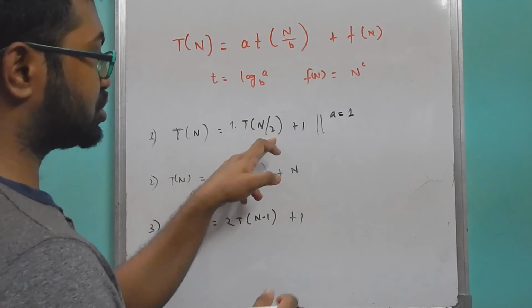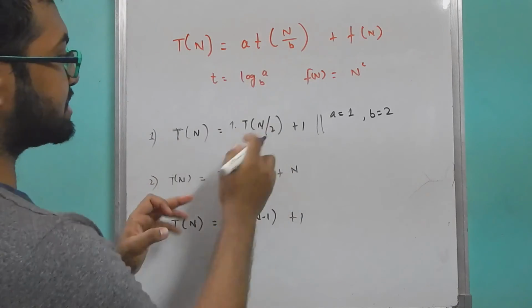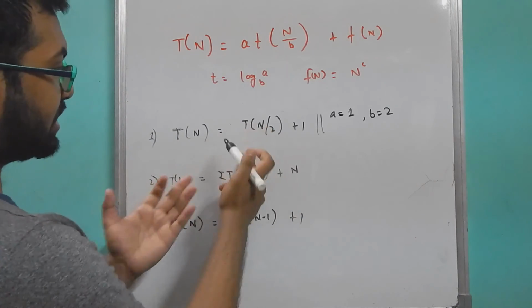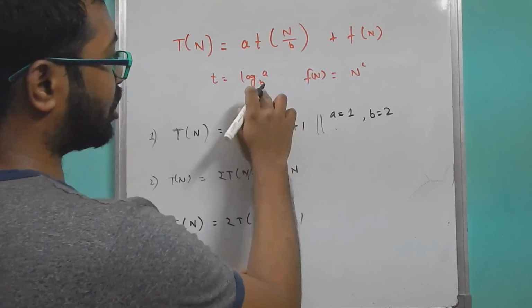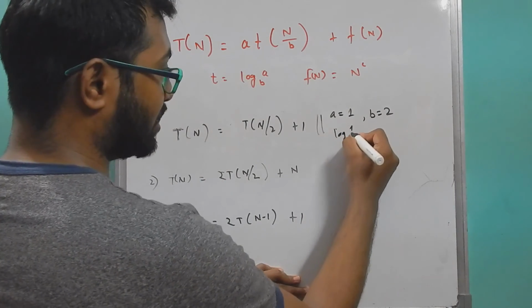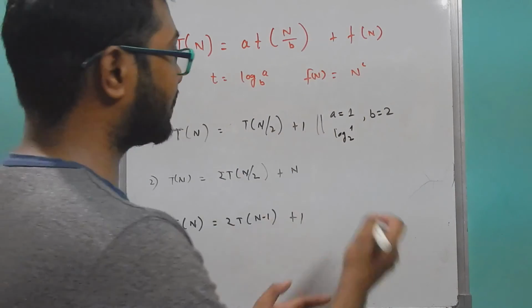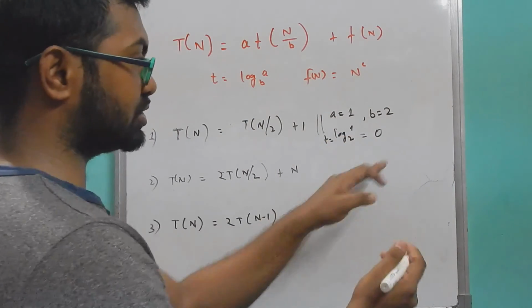Now b is equal to 2 in this case. What is the value of the multiplier in front of T? There is none basically, so it is 1 again. So that means t is log of a base b, which is log of 1 base 2. So that becomes 0. So the value of t is equal to 0.